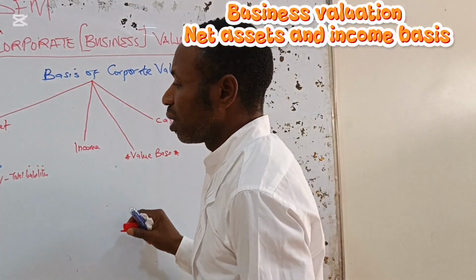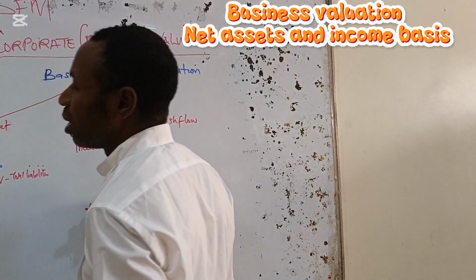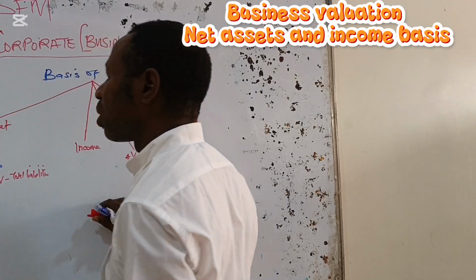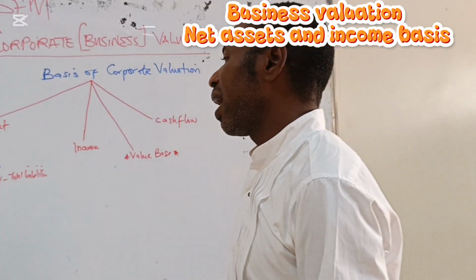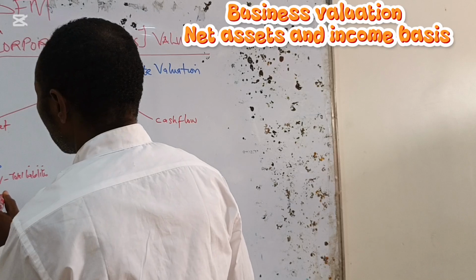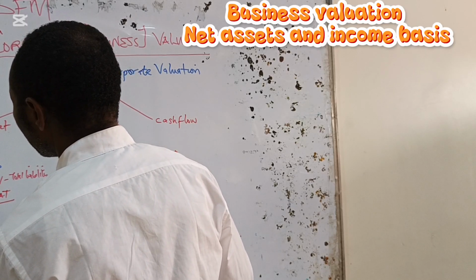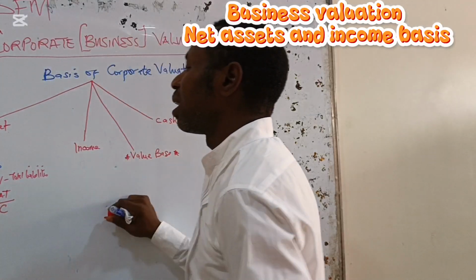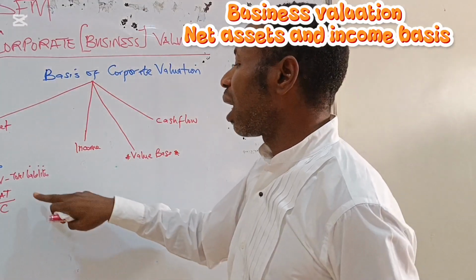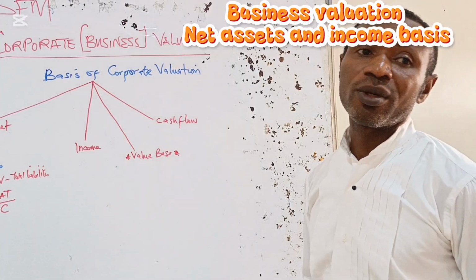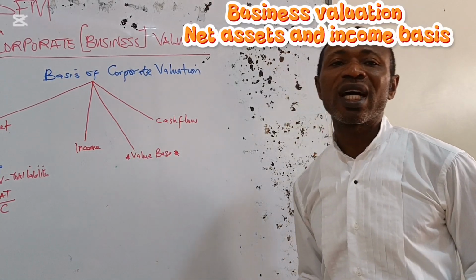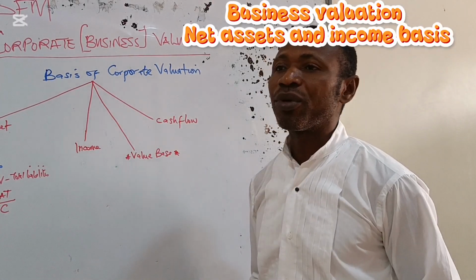Calculated intangible value is usually arrived at using the formula: calculated intangible value is equal to the excess profit after tax over the weighted average cost of capital. How do you arrive at this excess profit? This method looks not only at the business it's valuing, but also at similar businesses in the industry and their profit level.